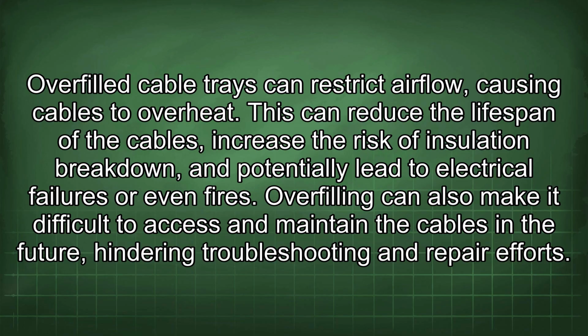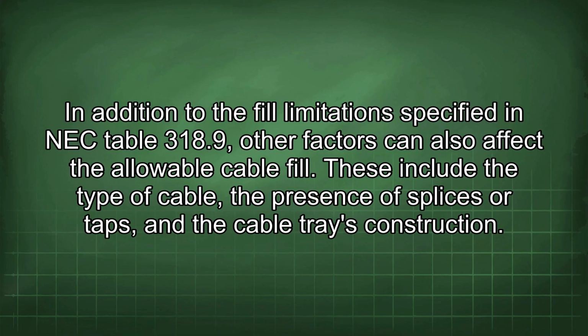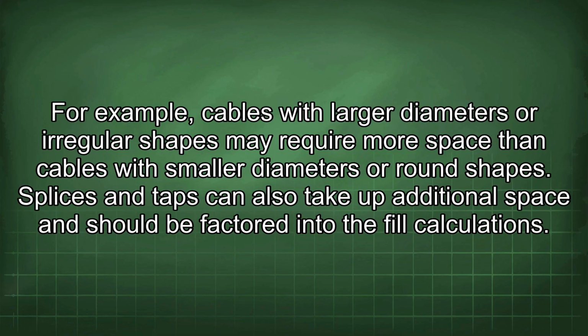In addition to the fill limitations specified in NEC Table 318.9, other factors can also affect the allowable cable fill. These include the type of cable, the presence of splices or taps, and the cable tray's construction. For example, cables with larger diameters or irregular shapes may require more space than cables with smaller diameters or round shapes.